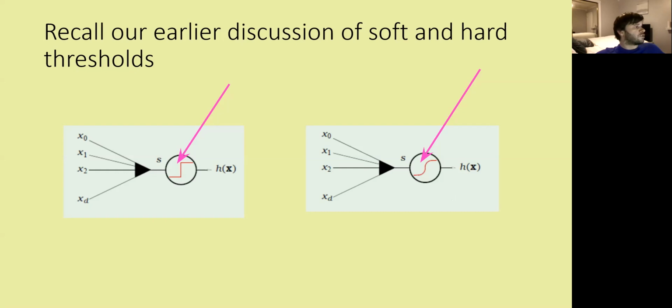Both of these pictures here essentially describe a neuron. It's taking some input data. It is doing some calculation to that input data, right? It's doing some checking of the signal, right? +1, -1, right? Or some continuous probability in the right-hand case.